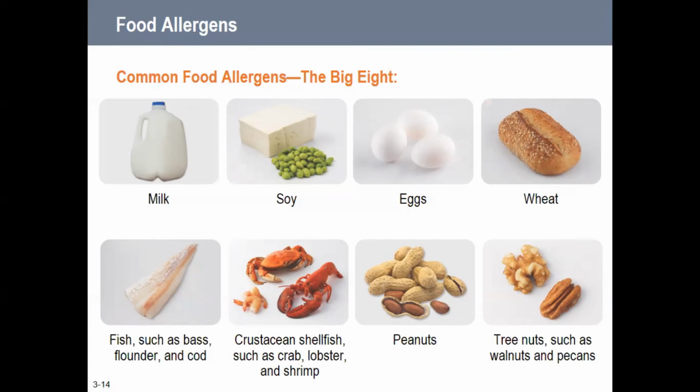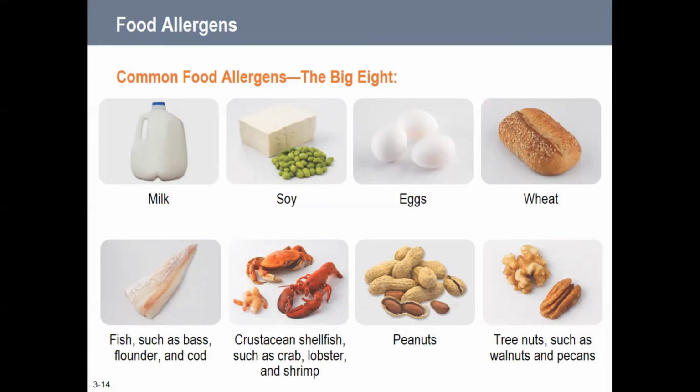You really need to know these, and not just for testing purposes, because it'll be on my test, and probably the ServSafe allergen exam as well. You need to know them because we need to be aware of ingredients in recipes so we can direct people away from items that have those allergens.